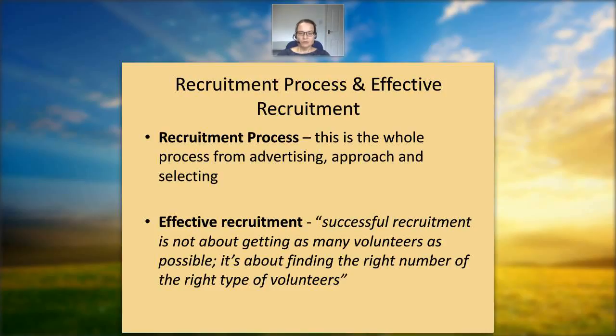Effective recruitment is, and I gave you this last week as well, not about getting as many volunteers as possible. It's about finding the right number of the right type of volunteers.